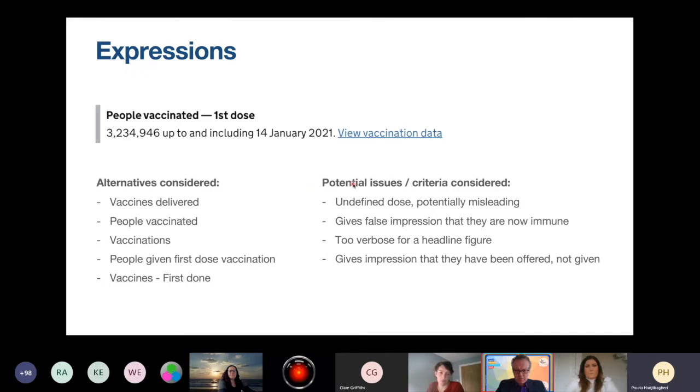If you say people vaccinated without mentioning the dose, or it is too verbose for a headline figure. So this is just too long, for instance, people given first dose vaccination, or it gives the impression that they have been offered but not given, which was an issue at the time. People were saying the statistics being published were about people being offered the vaccination but not being given the vaccination, which was completely false.